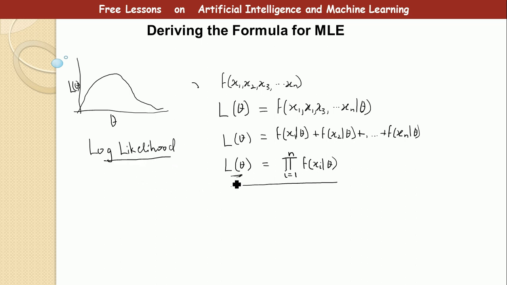Instead of maximizing the likelihood function, we replace it with the log of the function. So we can say the log of the likelihood will be the sum for i equals 1 to n of the log of f of xi given theta.